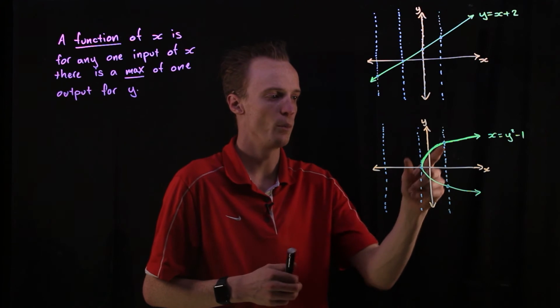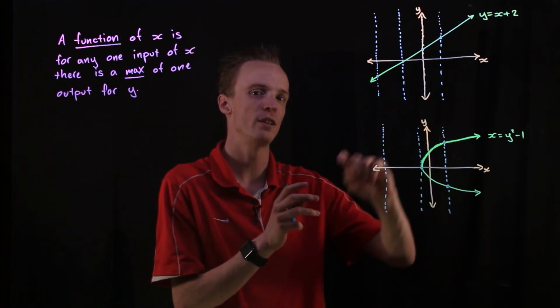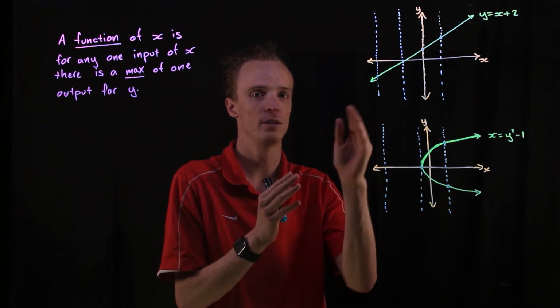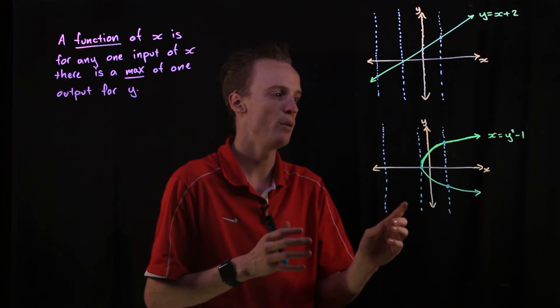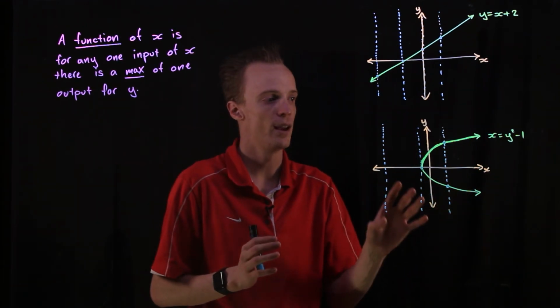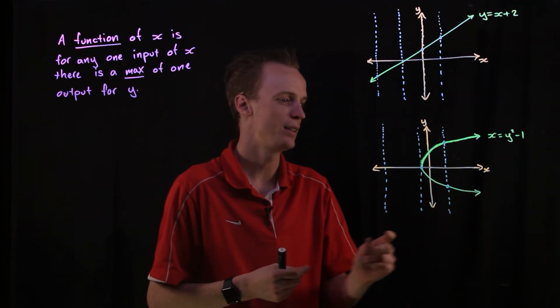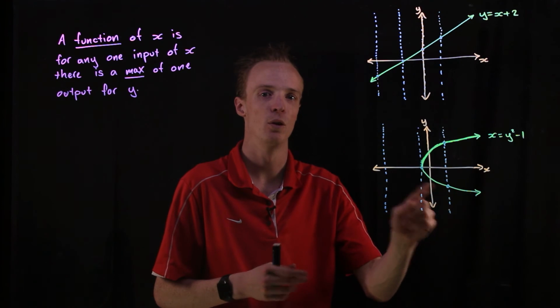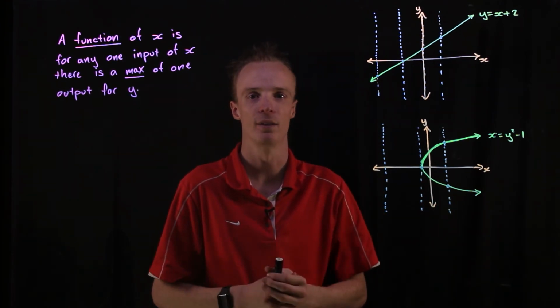At that point, we can see that when we put one value of x in, it's actually giving us two outputs, or two solutions, for that value of x. At that point, this equation cannot be represented as a function of x anymore, because it's got two outputs for my one input of x.